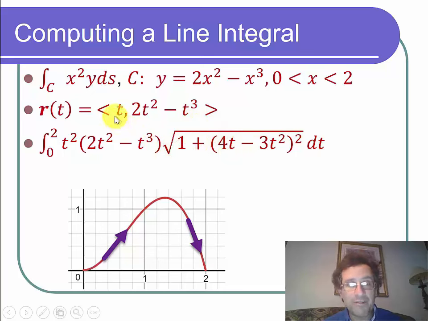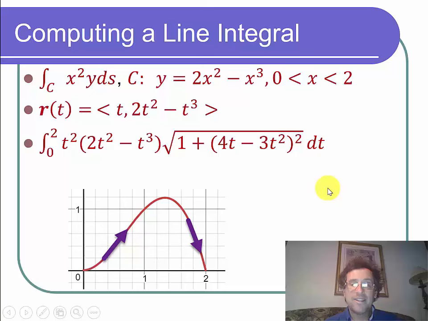Well, the derivative of t is 1. 1 squared is 1. The derivative of 2t squared minus t cubed is 4t minus 3t squared. So we have 4t minus 3t squared, quantity squared. All that is under the square root times dt.